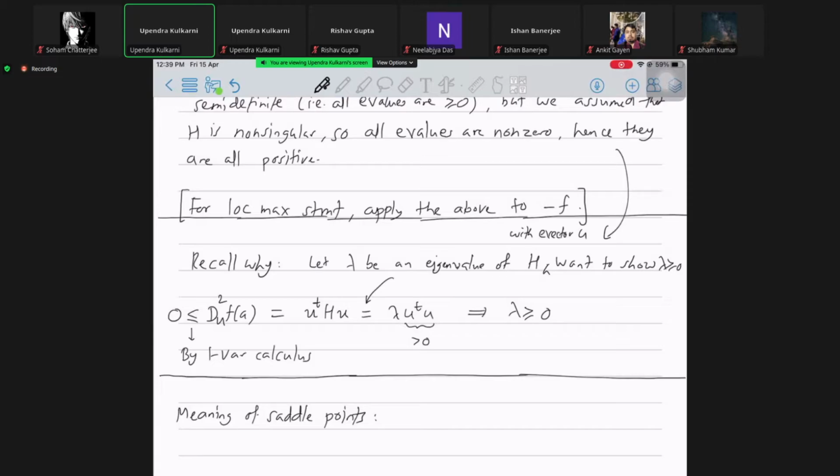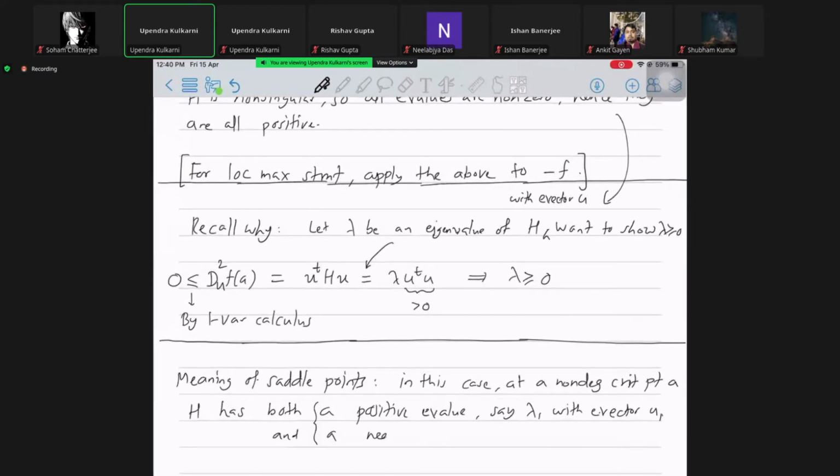Meaning of saddle point. In this case, at a non-degenerate critical point A, by definition, H has both a positive eigenvalue, say lambda 1 with eigenvector U1, and a negative eigenvalue, say lambda 2 with eigenvector U2.